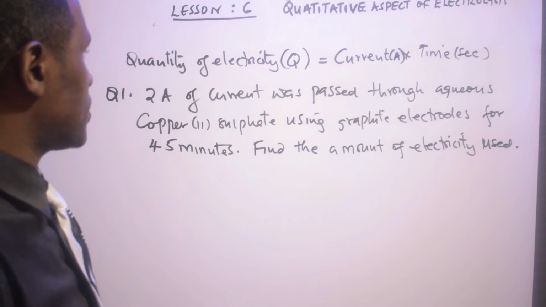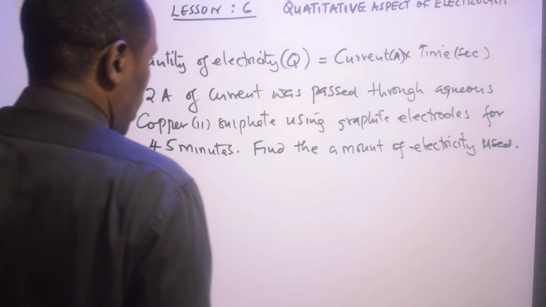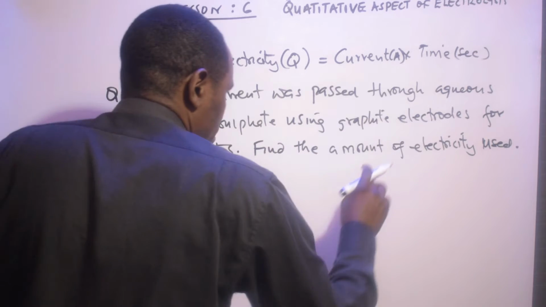So we're going to pass that current through the aqueous copper(II) sulfate electrolyte. We need to find the amount of electricity used.